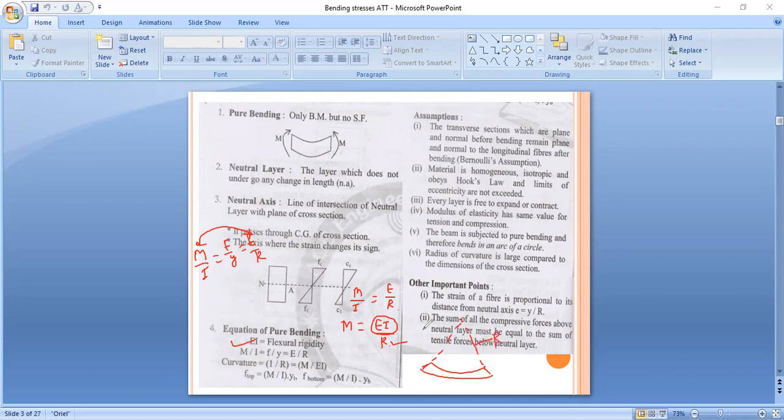Okay. Now you tell me, suppose the beam should not be bent, then what should be the radius of curvature? If our beam is not bent at all and is in its original position, what will the radius of curvature be?